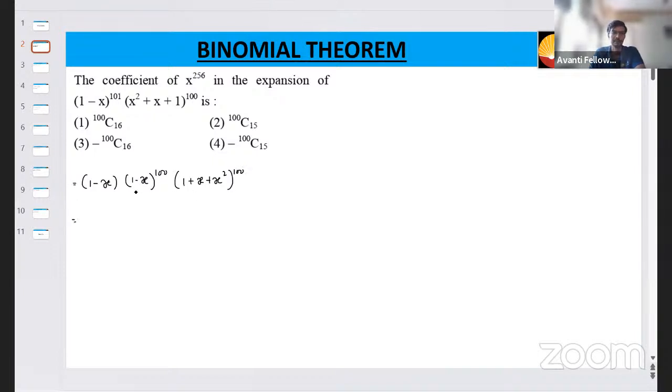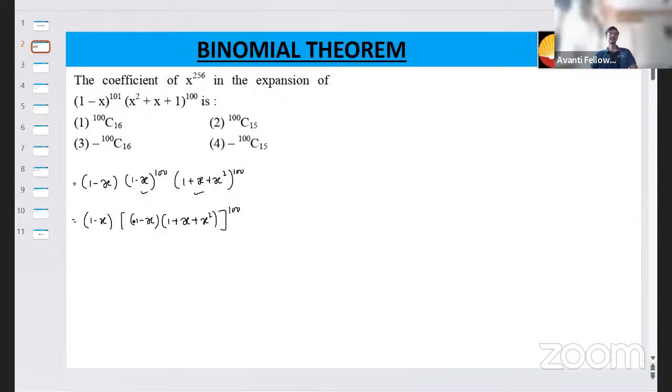Now both have the same power, so we can group them together. So I'll get (1 minus x) into [(1 minus x) into (1 plus x square)] raised to the power 100.